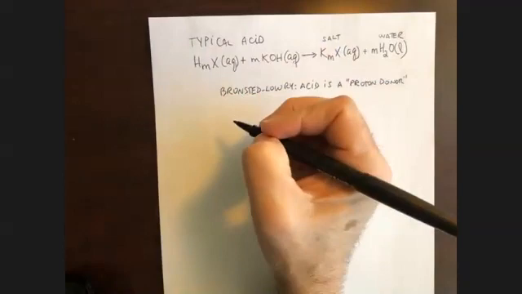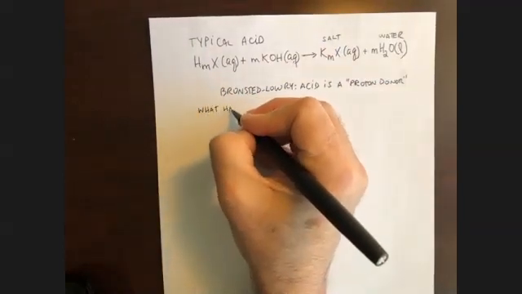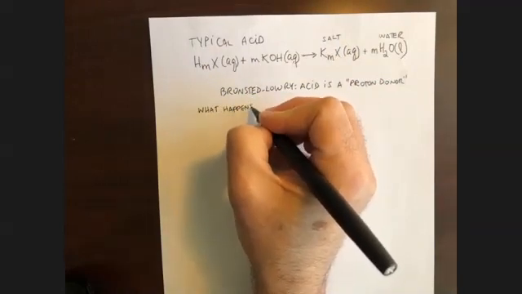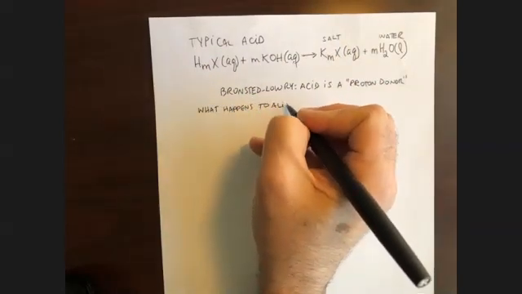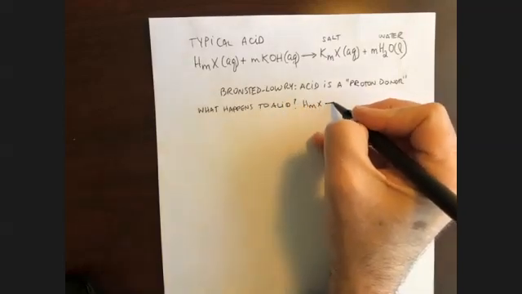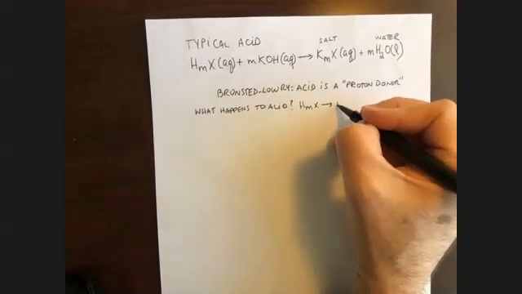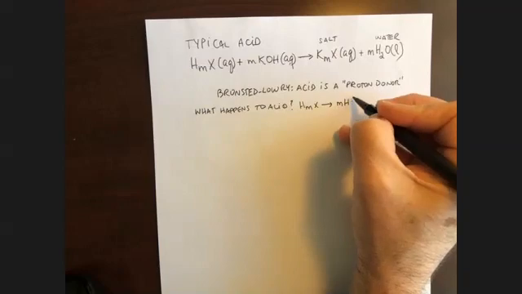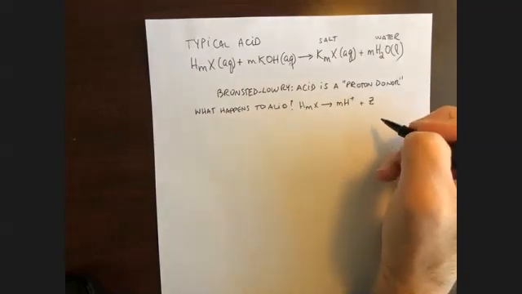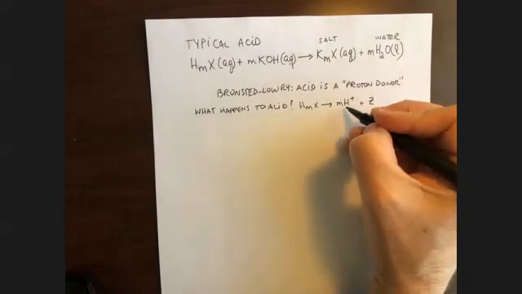So one of the questions we can ask is, well, what is happening to the acid here? What happens to the acid? Well, we could say that our acid, HMX, essentially separates or dissociates into M ions of hydrogen and let's say some kind of negatively charged anion that has a charge that would have been equivalent to as many positives as this was.